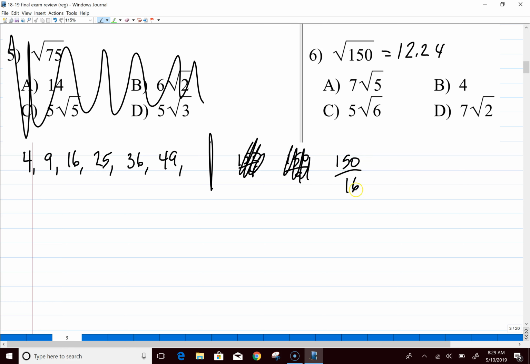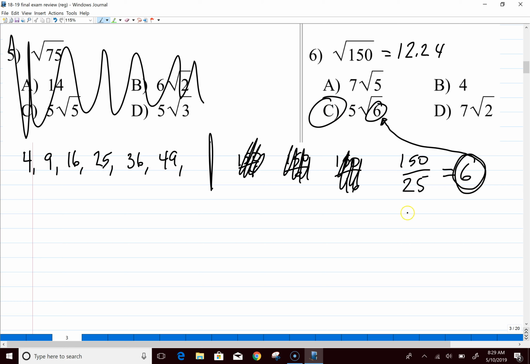Another decimal. 150 divided by, what's next? 25. That gives me 6. See the 6? Hey, here's a 6. Answer C. Why? Because the square root of 25 is 5. And then you bring down the 6. That's how you get the letter C.